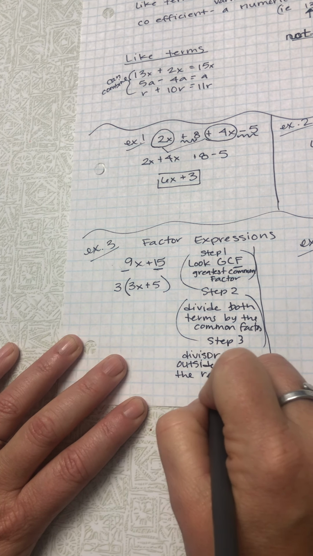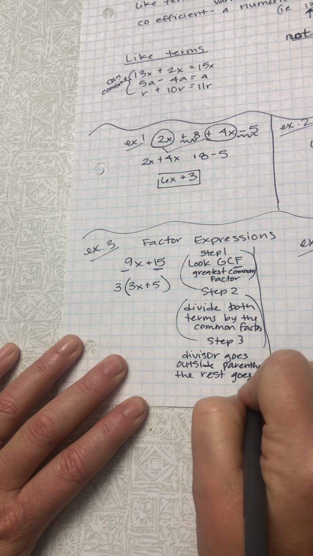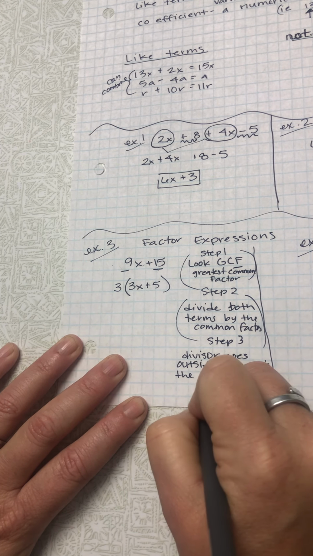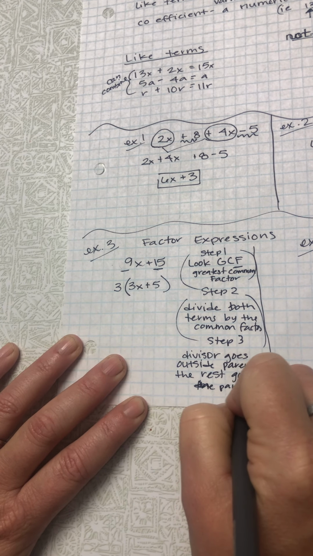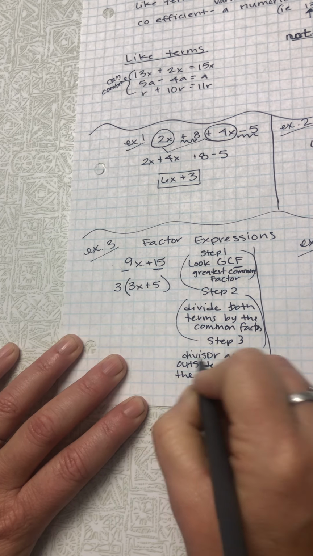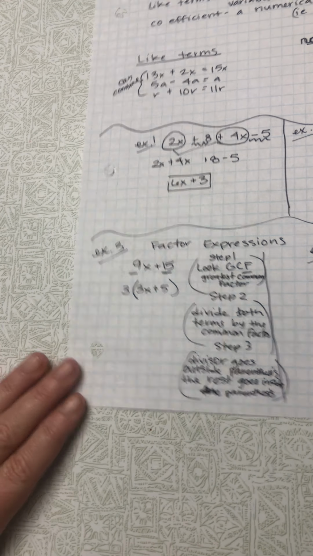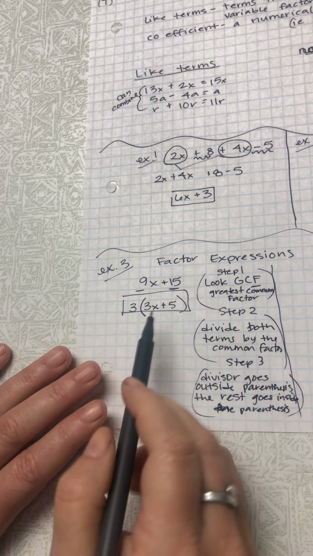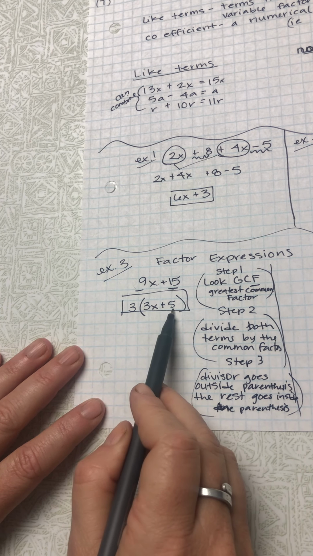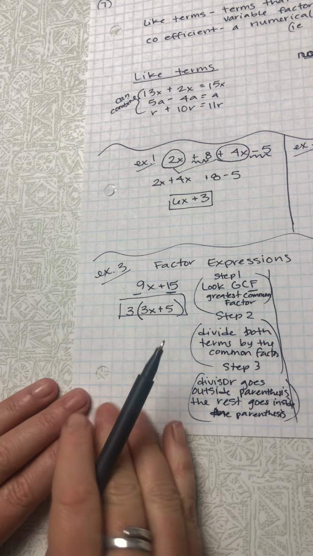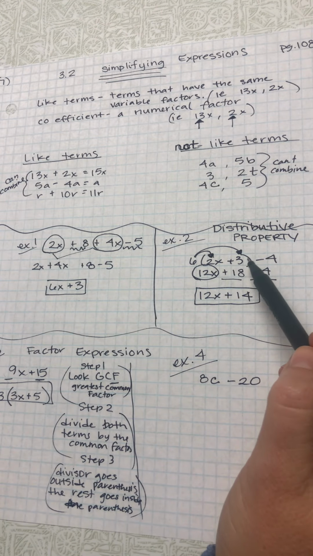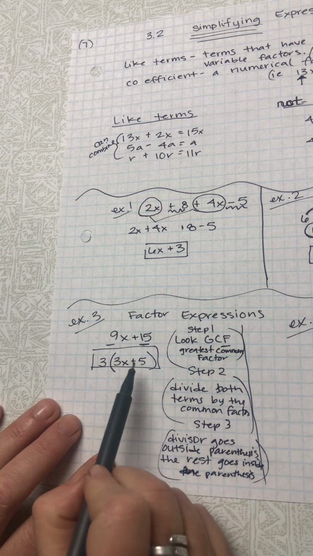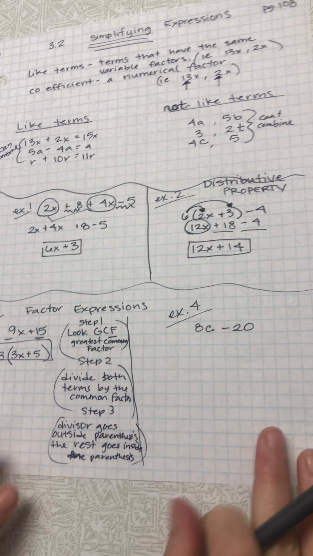The rest goes in the parentheses. Okay? So once you have the biggest factor on the outside and there's nothing left in common on the inside, you're finished with these problems. And these look more like the starting problems in distributive property. Okay? I know these ones are kind of weird, so we're going to do one more like it. Okay? And I'm going to try and keep the steps on there.